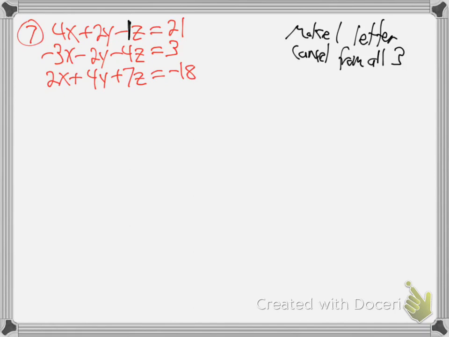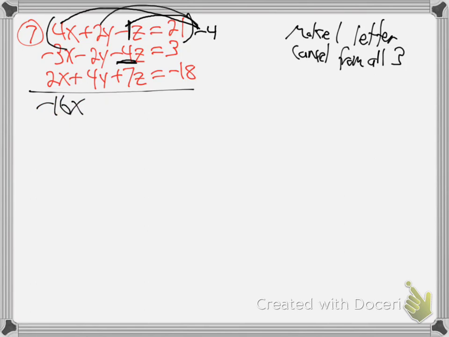So multiply through him by -4. Because -4 times -1 will make +4. We'll cancel this out. So bring down the top equation. This -4 is going all the way to there and all the way to there.